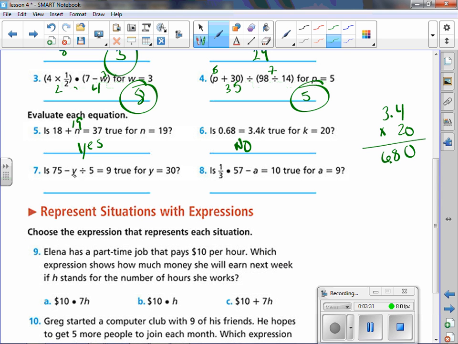75 minus y divided by 5 equals 9. Is that true if y is 30? So 75 minus 30 is 45. 45 divided by 5, is that 9? Yes.